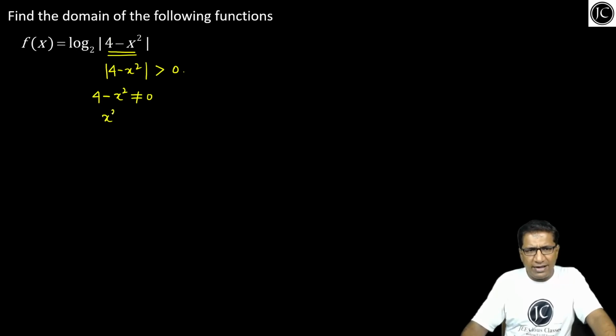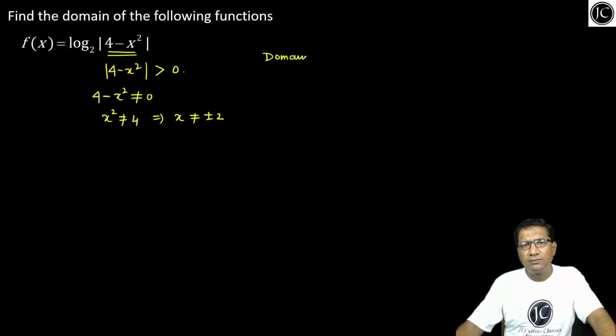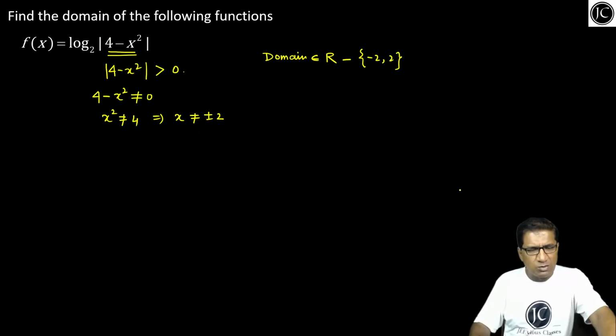So from here we are getting x square is not equal to 4, which implies x is not equal to plus minus 2. Therefore the required domain is what? Therefore the required domain is nothing but any real value except minus 2 and 2. Is it clear to all of you? Absolutely. Okay, let us move to the next problem.